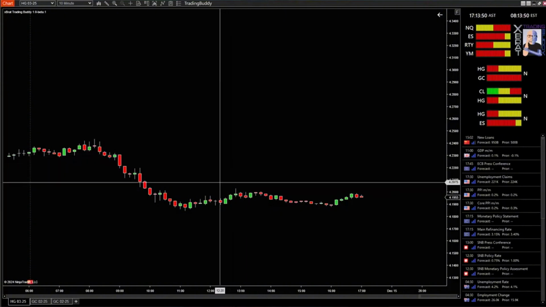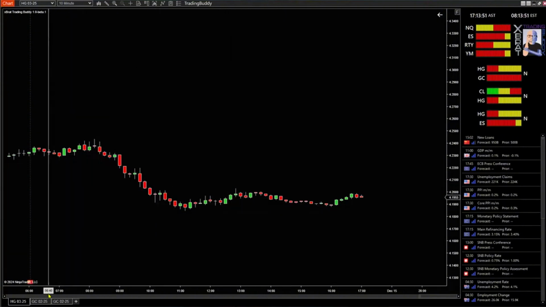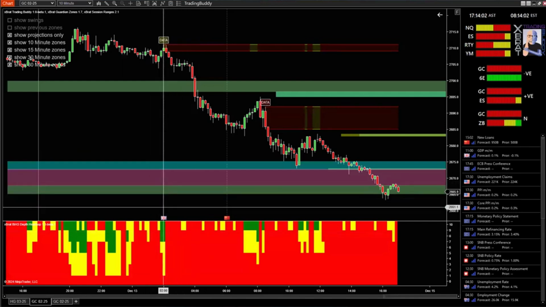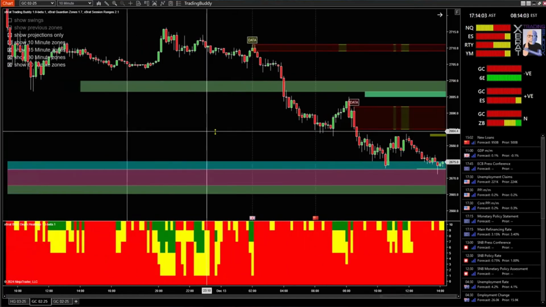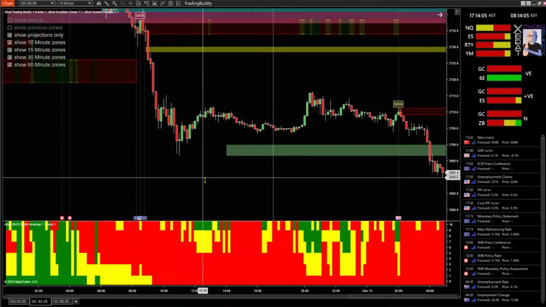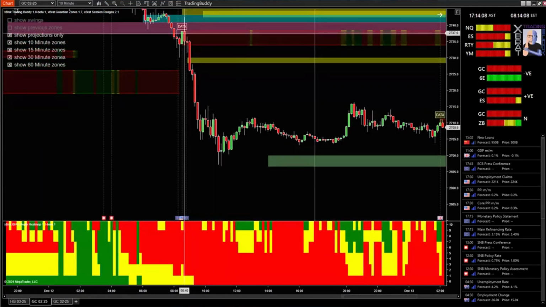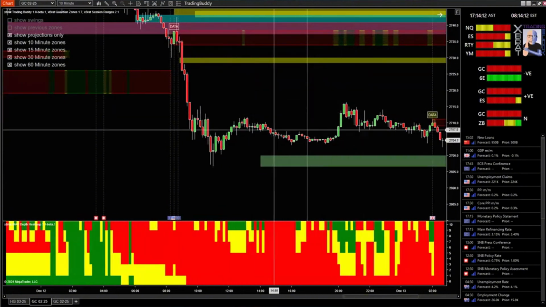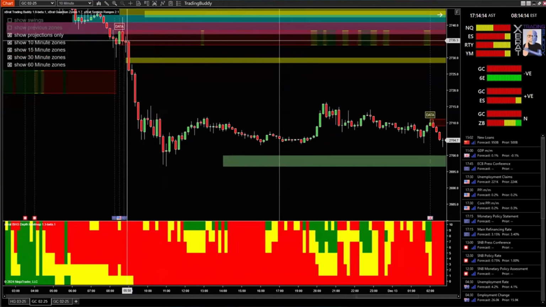So what I'm going to do now is go and show you some examples of gold on there with some of the indicators on. Okay, so this was Friday. We had that UK data that came out. We had previous data that came out up here as well. So one of the things I look for is the range breakout.